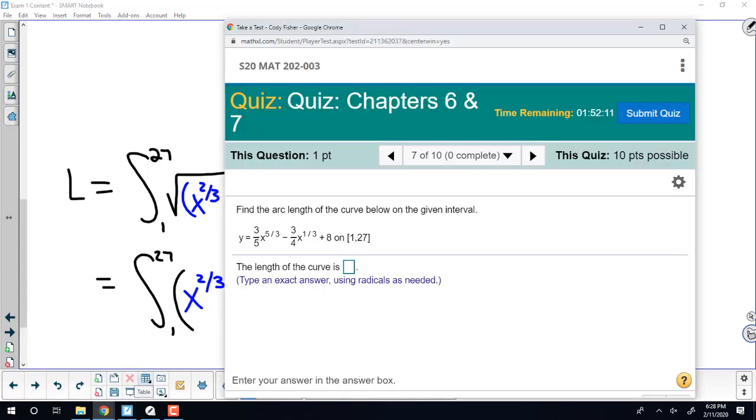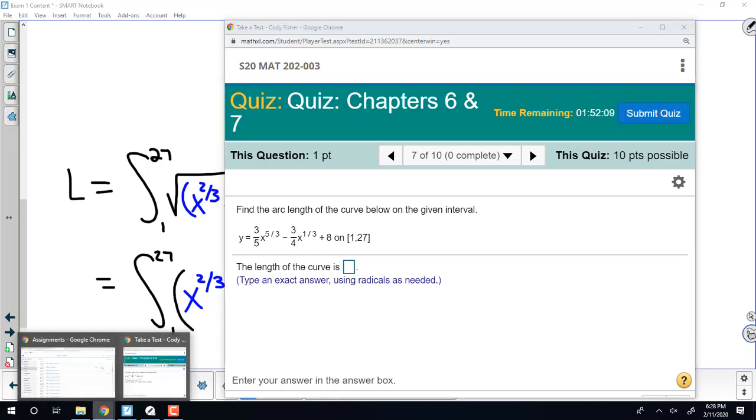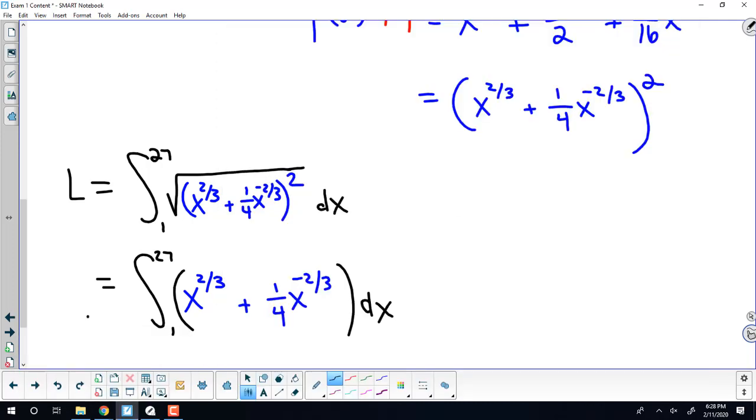So they want an exact answer too, so it's kind of the same idea. You're going to have the cube root of something to the fifth here. It's kind of the same principle for the 3/2 power. All right. Any questions on that?